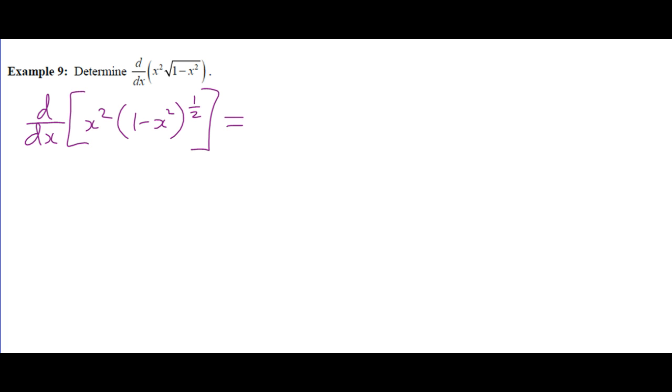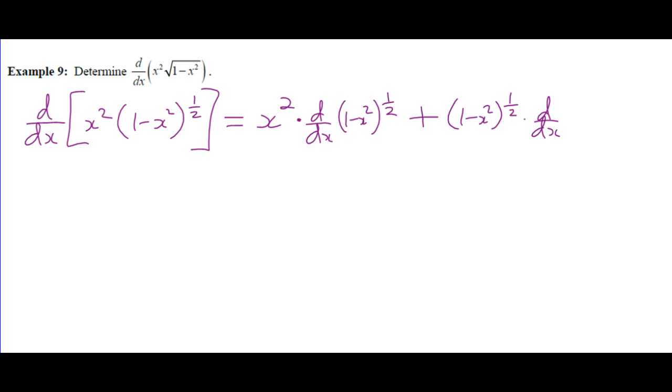We're going to put some detail in here. We're going to say it's the first term times the derivative with respect to x of the second term. Okay, so we're applying the product rule. First term times the derivative of the second term, plus the second term, so 1 minus x squared to the half, times the derivative with respect to x of the first term. I don't need brackets there.